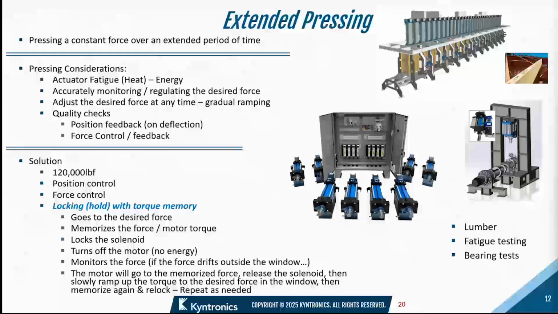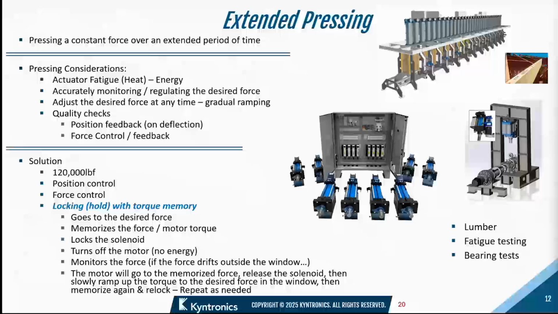So now you're not using any energy, it holds until it gets out of a certain window. Let's say it goes to 118,000 pounds or something like that. So if it drifts outside the window, the motor will then go up to the memorized force, then release the solenoid, then slowly ramp it up back to the 120,000 pounds inside the window and shut off and rememorize and shut it off.